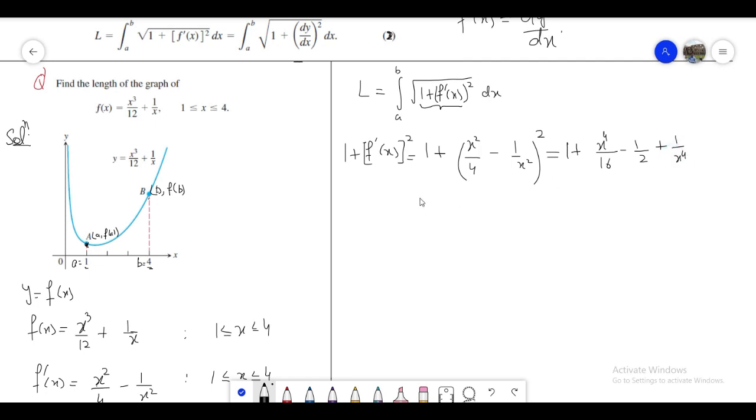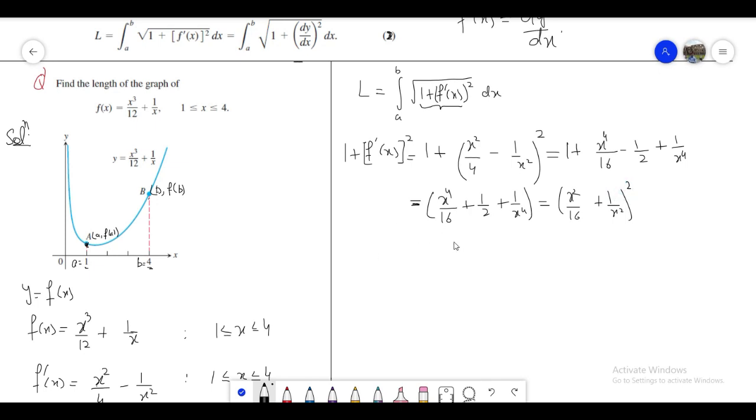If you write the final form of this, we have x raised to power 4 divided by 16 plus 1 by 2, since 1 minus 1 by 2 is plus 1 by 2, plus 1 over x raised to power 4. And also you can write it by completing the square as x squared by 4 plus 1 over x squared, whole squared.